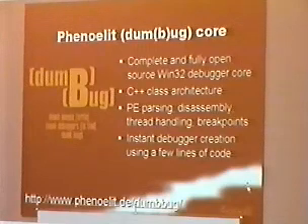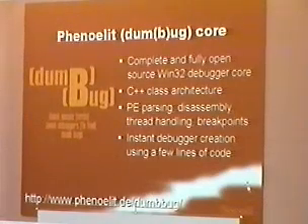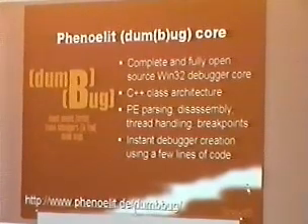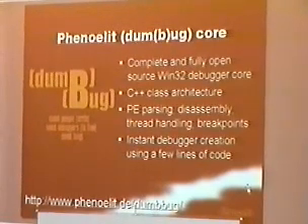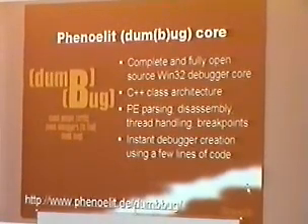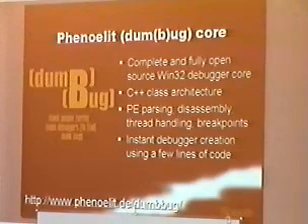It's a C++ class structure, so you can easily integrate it into your code. The idea is to provide you with the boring tools already done, so you can write the non-boring tools. It supports PE parsing, disassembly, thread handling, breakpoints, and everything you expect from a debugger. And it is meant for instant debugger creation. So here we have an example.